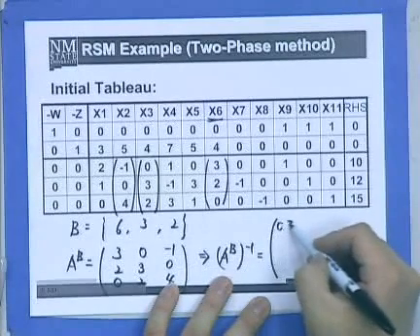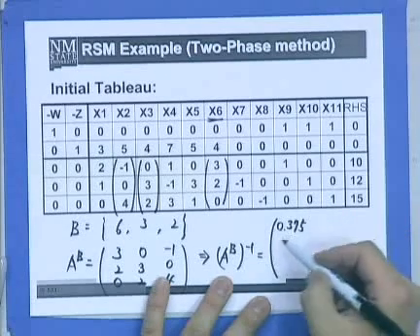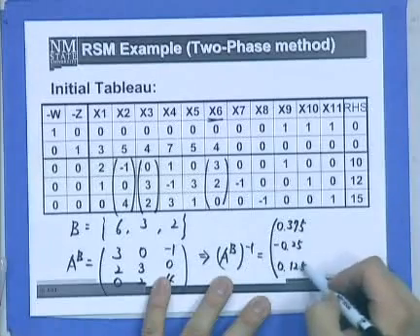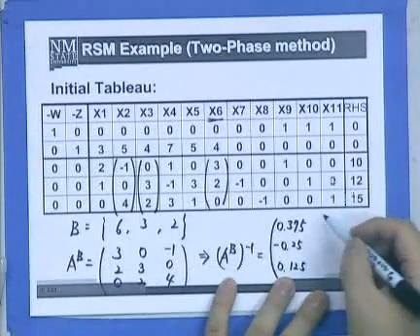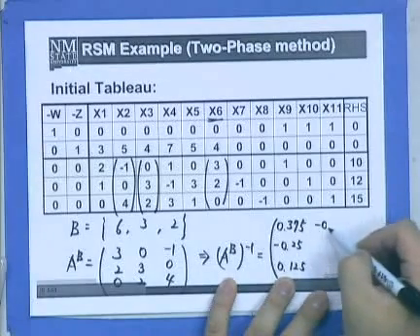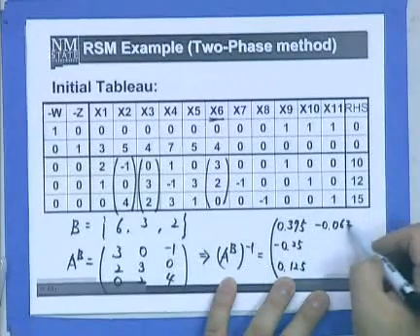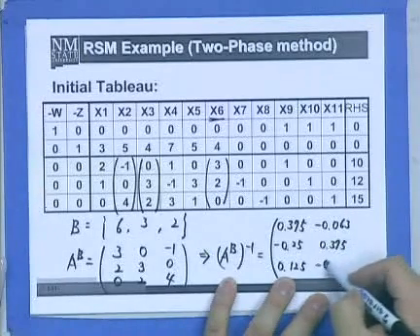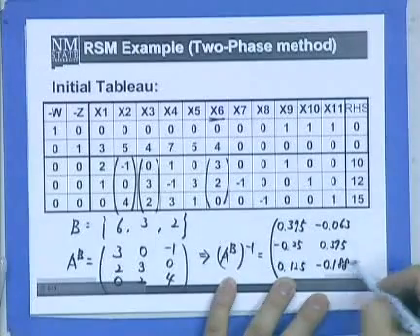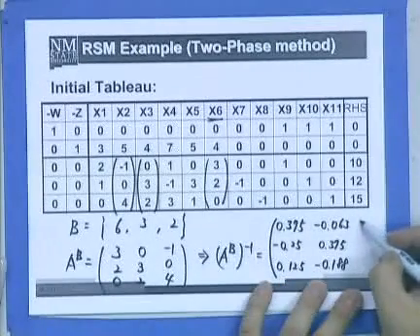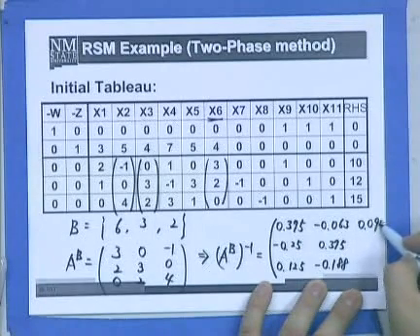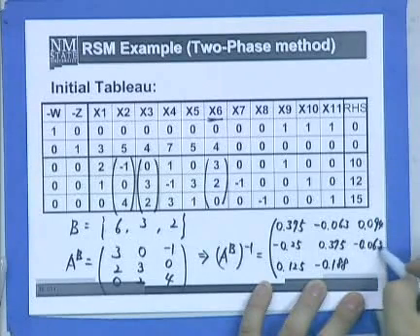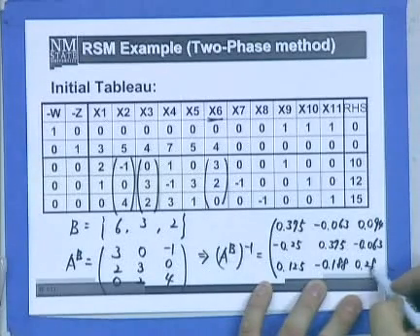I've got 0.375, negative 0.25, 0.125, and the second column is negative 0.063, 0.375, negative 0.188, and the last column is 0.094, negative 0.063, 0.281.